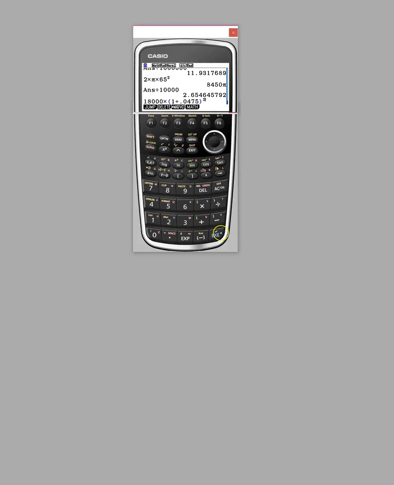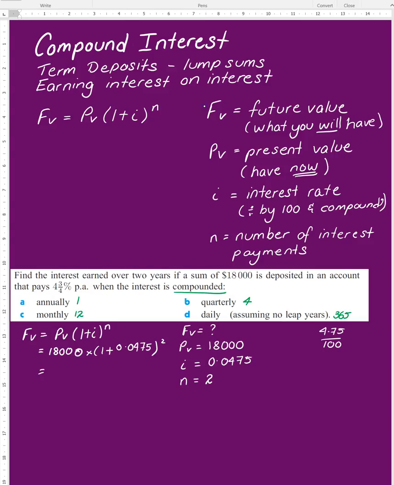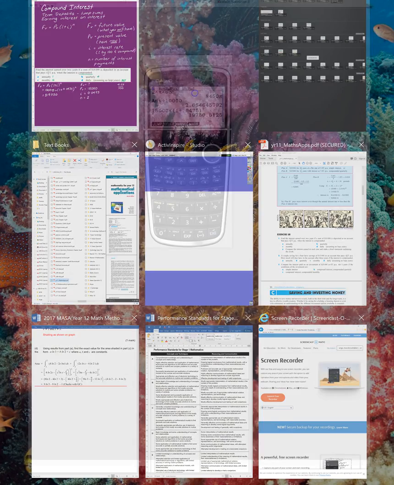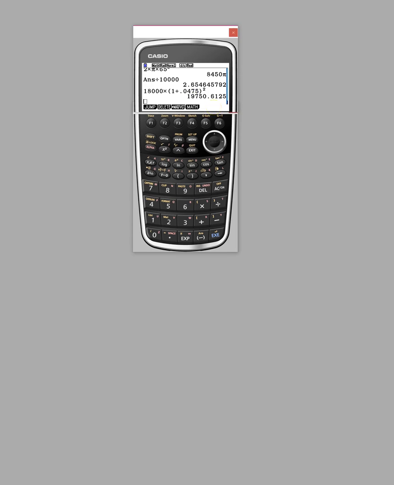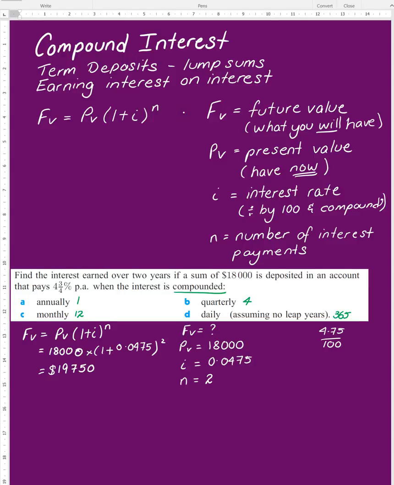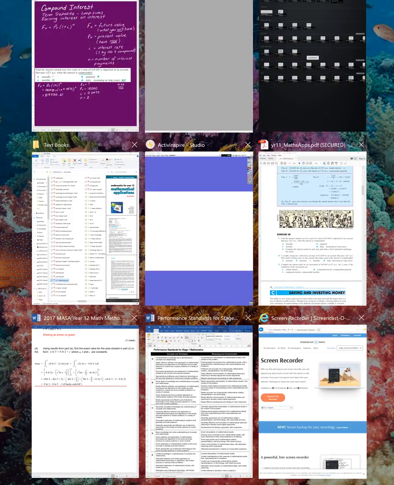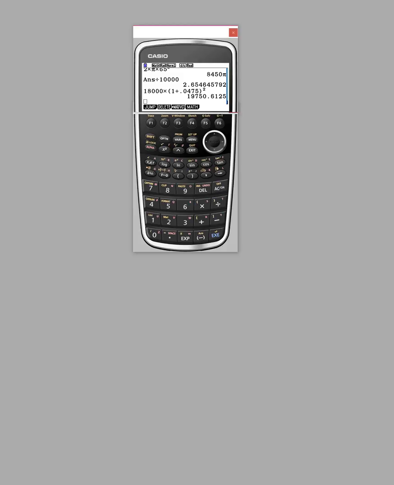Okay, and equals, so 19,750.61. Let's just check how many cents that was, and 61 cents. Okay, done and dusted.